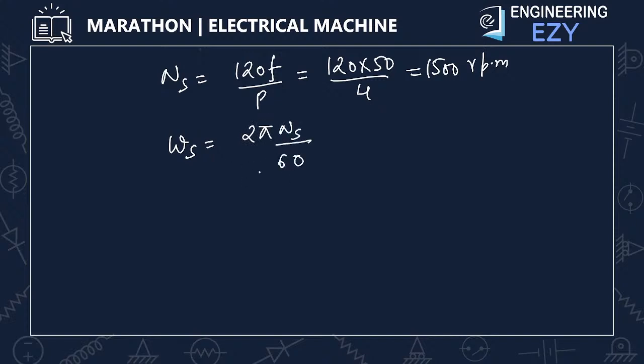We have to convert. Yes, Ashok, your answer is correct. Very good. So 2 pi into 1500 divided by 60 is 50 pi. Now PG is known and omega_S is known, so you can calculate the torque T.